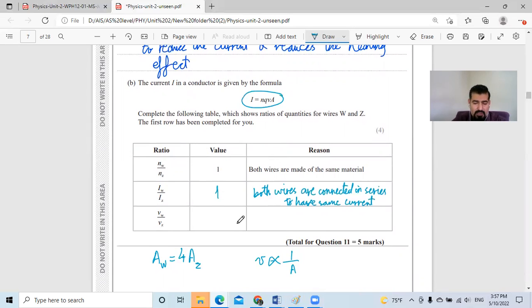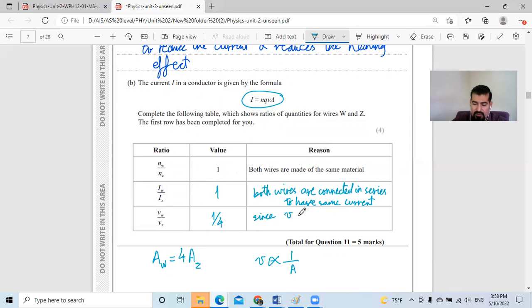That means the drift velocity for W will be more or less than for Z, by how many times? So the answer will be 1 over 4, because it's inversely proportional. So the ratio will be 1 over 4.